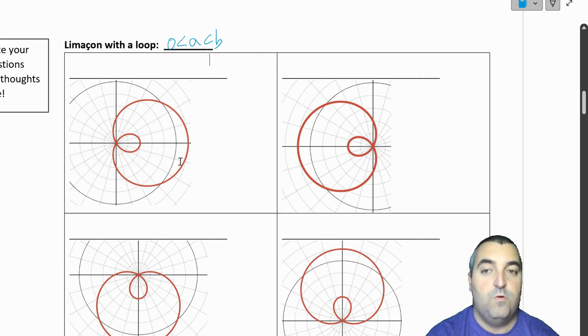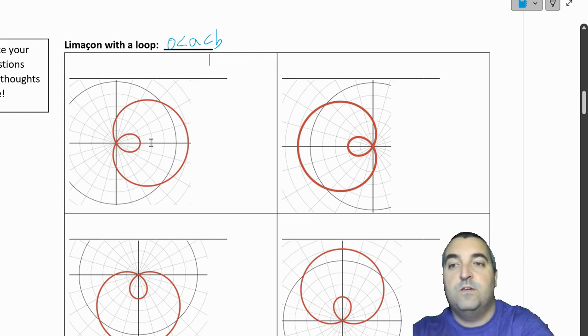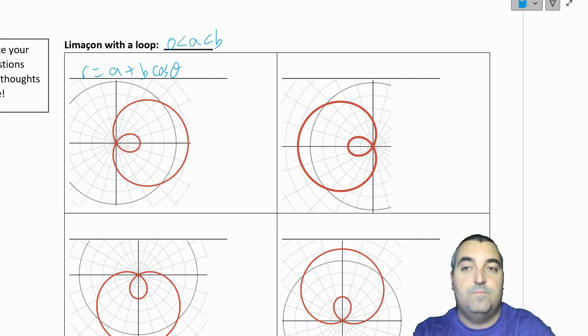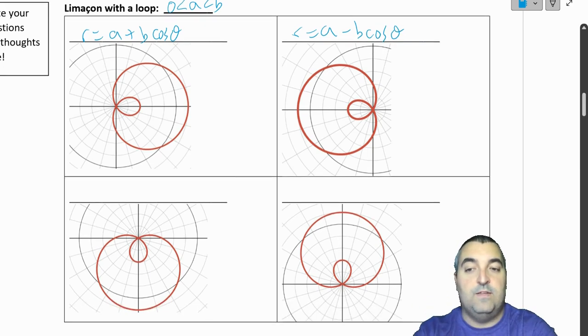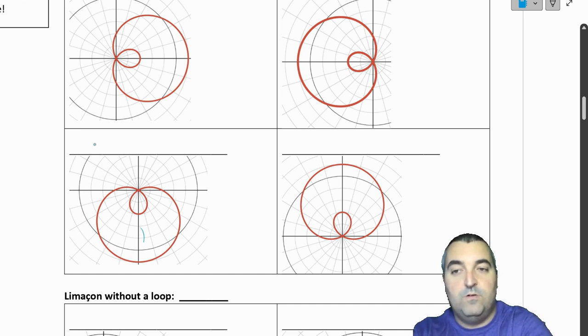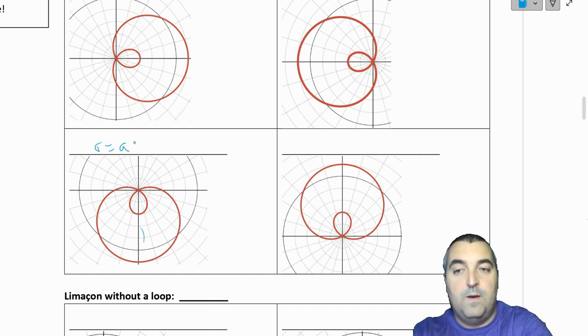Because it's more on the right than the left, it's going to be r equals A plus B cosine theta. For the second one, it's symmetry over the x-axis, but now it's mostly on the left, which means the equation is r equals A minus B cosine theta. And then you'll never guess, hey, it's symmetry over the y, but now most of it's down below, so it's r equals A minus B sine of theta.